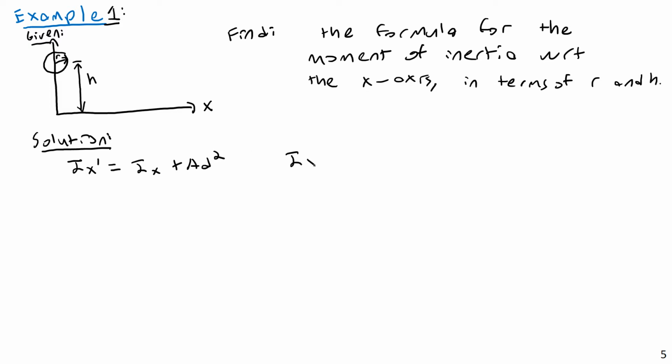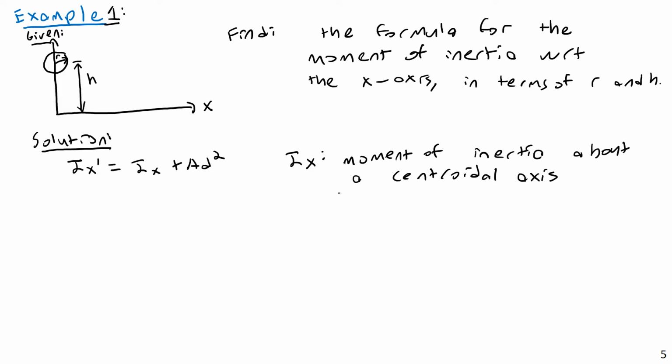And remember, Ix, as we defined it, is the moment of inertia about a centroidal axis, again going through the centroid, and A is the area, and the lowercase d is the distance between the two parallel axes. Okay, so let's go ahead and do that.